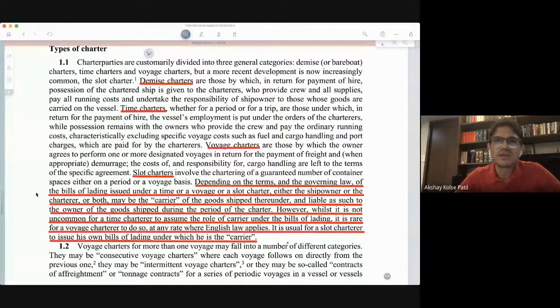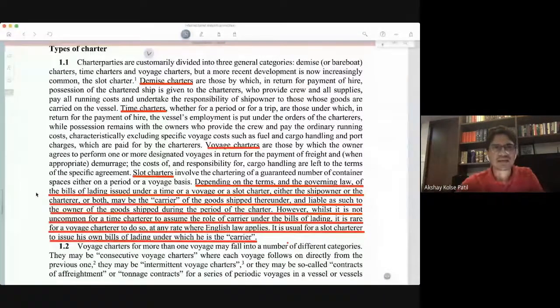And a voyage charter is one in which the owner agrees to perform a voyage or one or more designated voyages, for anyone who wants to transport cargo in bulk. For example, a voyage charter will generally be where you want to take the entire ship for your cargo. So an example for this would be a company like SAIL, or someone who wants to transport coal from a country like Australia to India for its plants, will take an entire vessel on a voyage charter for transporting coal from Australia to India.